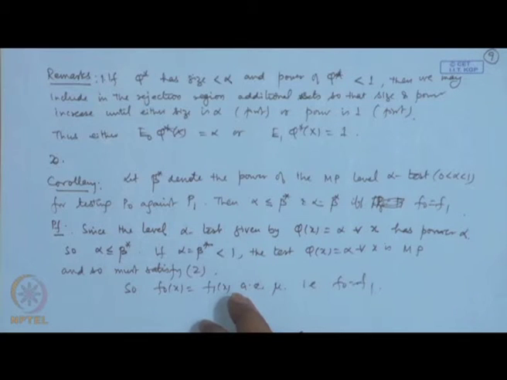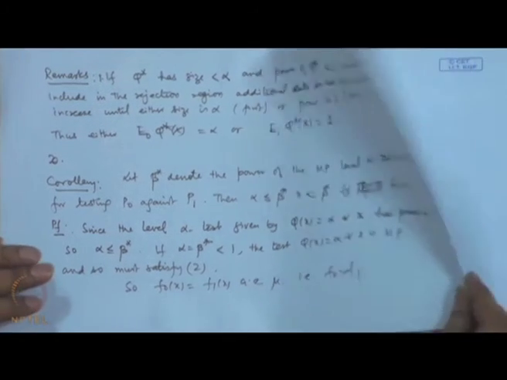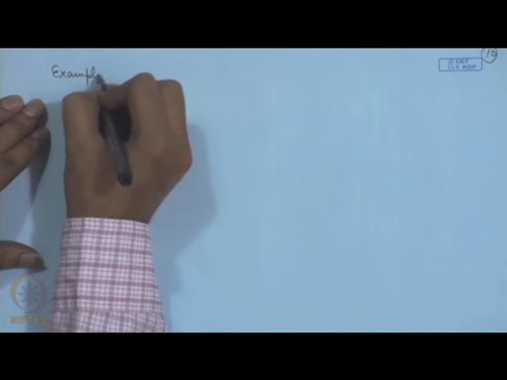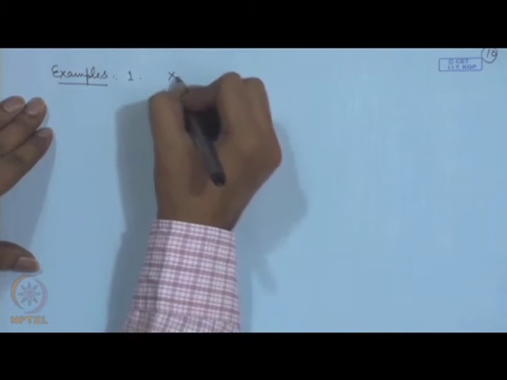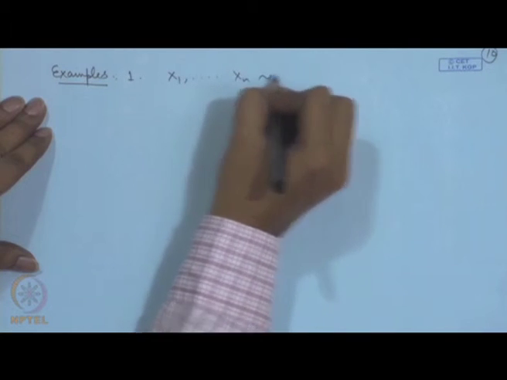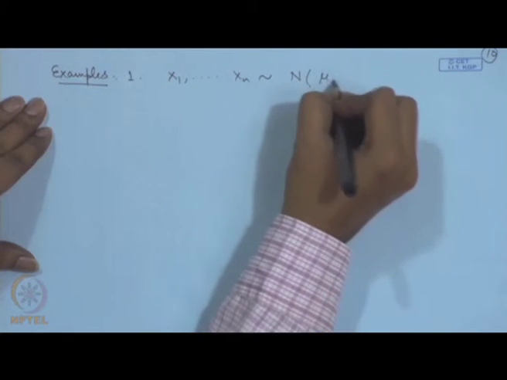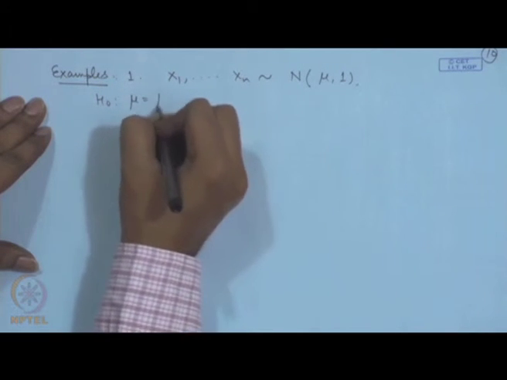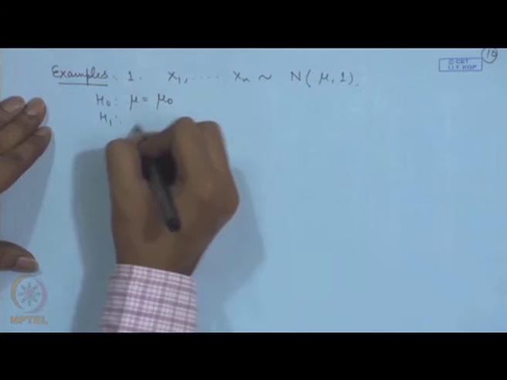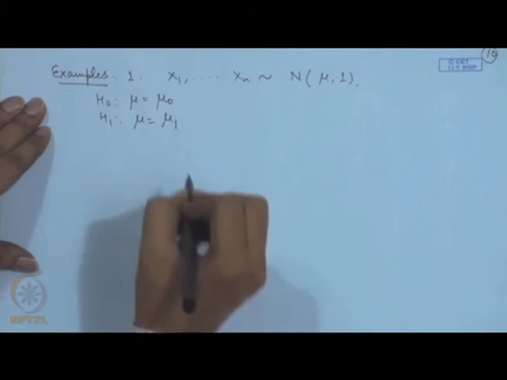Now, let me give applications of this Neyman Pearson lemma in deriving the tests for the simple versus simple hypothesis case. Let us start with x 1, x 2, x n, a random sample from a normal mu 1 distribution. We are testing the hypothesis mu equal to mu naught against mu equal to mu 1.